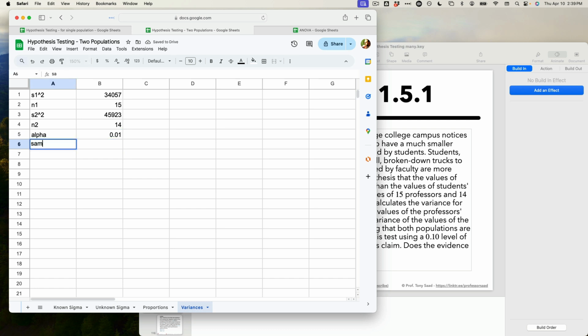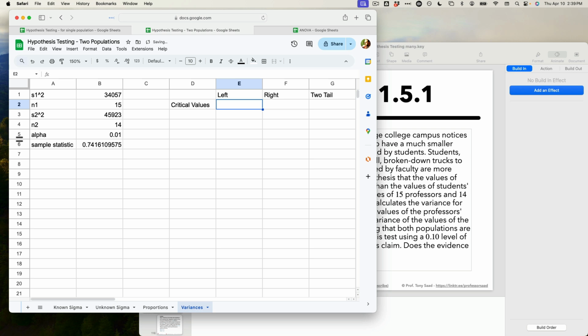And then our sample statistic is simply the ratio of S1 over S2, that's really simple. Now we build our left, right, two-tail table of critical values.